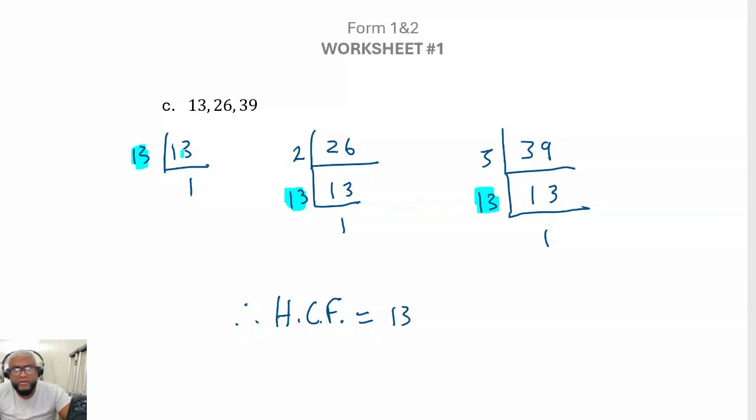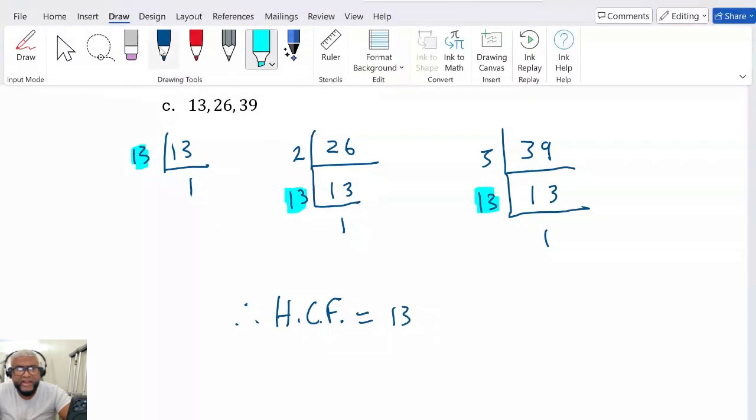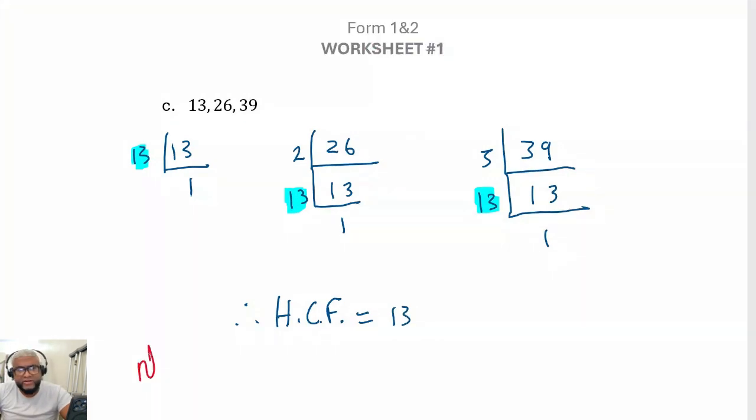Right, so we found the prime factors of 13, 26, 39, and we found 13 to be the highest common factor. So I'll put a little note here, so you'll write it down.